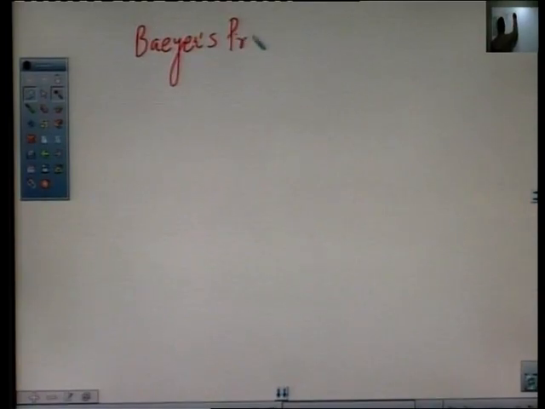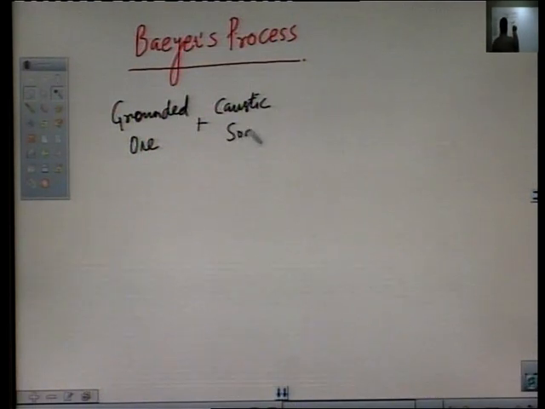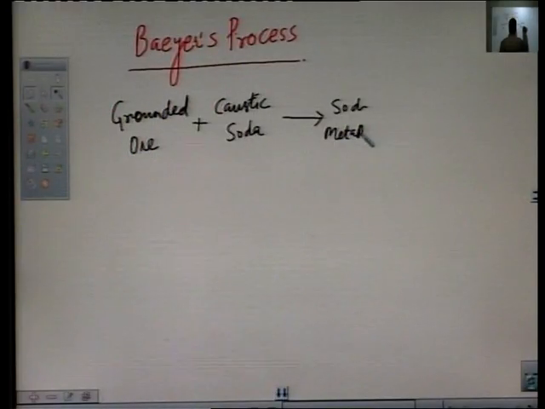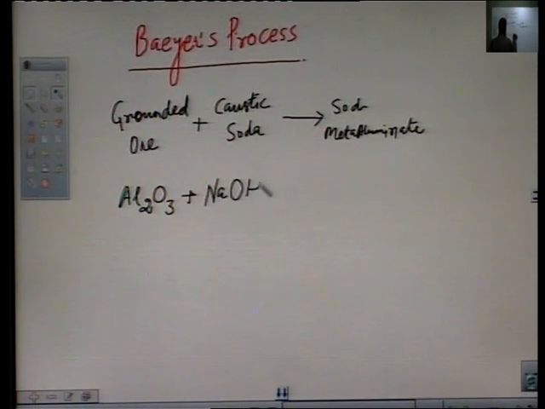In the Baeyer process, the ground ore is treated with caustic soda, NaOH, with the formation of sodium meta-aluminate.